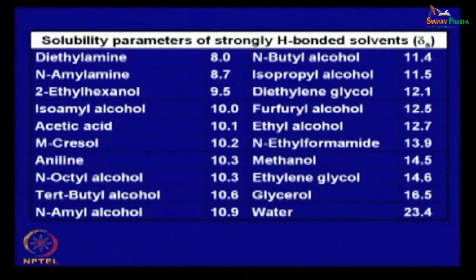So, you have seen the solubility parameter values of poorly hydrogen bonded solvents, moderately hydrogen bonded solvents and strongly hydrogen bonded solvents. Now, we come to the polymer side. If your polymer contains strong intermolecular hydrogen bonding, then you have to take strongly hydrogen bonded solvents as its solvent for its dissolution.